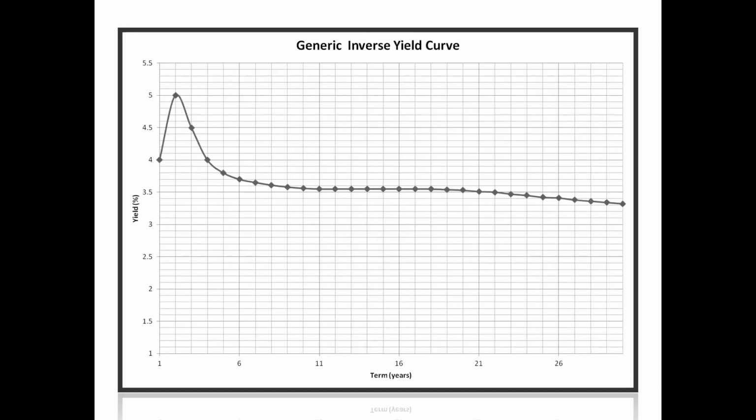Now, a chart that's really uncommon to see is an inverse yield curve. You can see on this chart, if you were going to buy a bond at a 1 year term, you'd get a 4% yield. A 2-year bond would be a 5% yield. And just so you know, if it's 1 year, it's not considered a bond. It's actually considered a bill. So the proper terminology is a bill at that point.